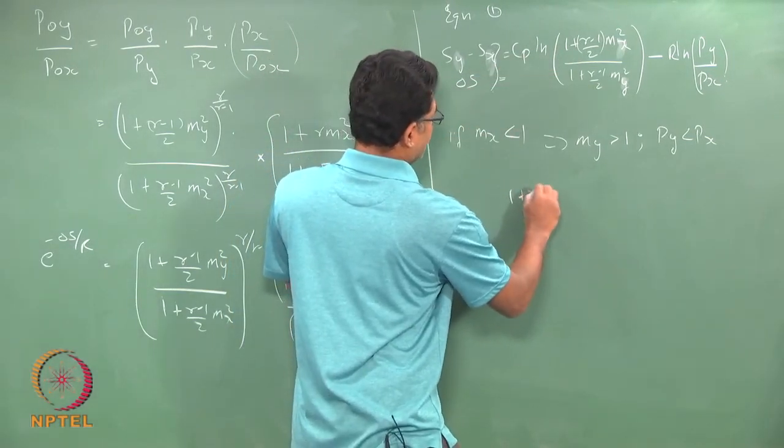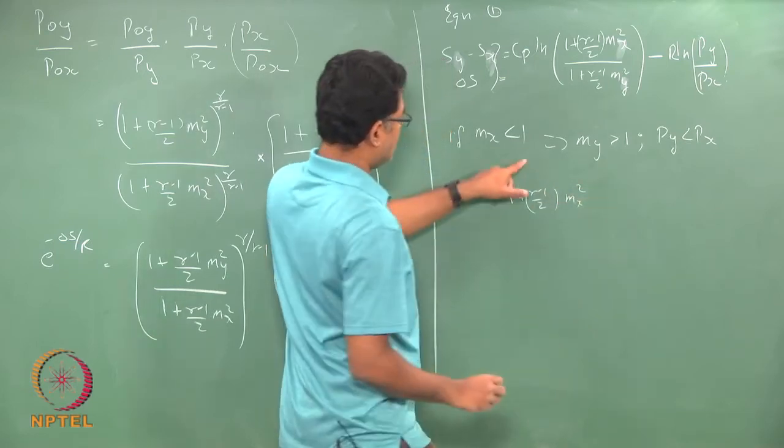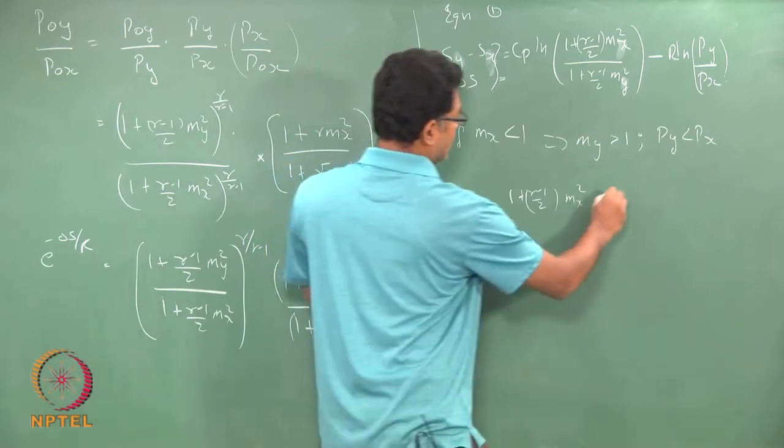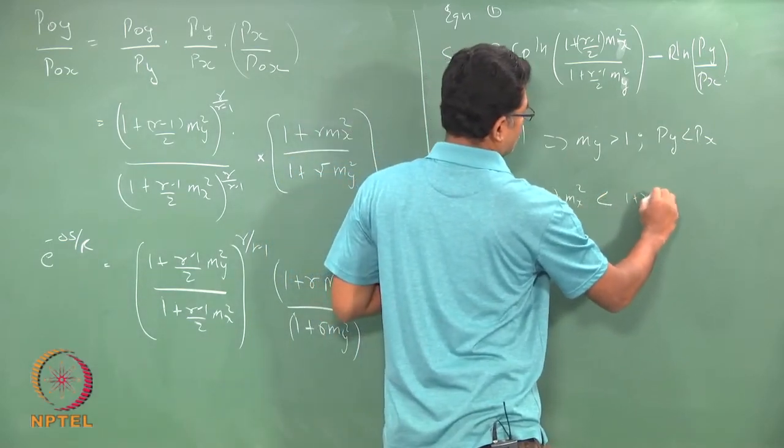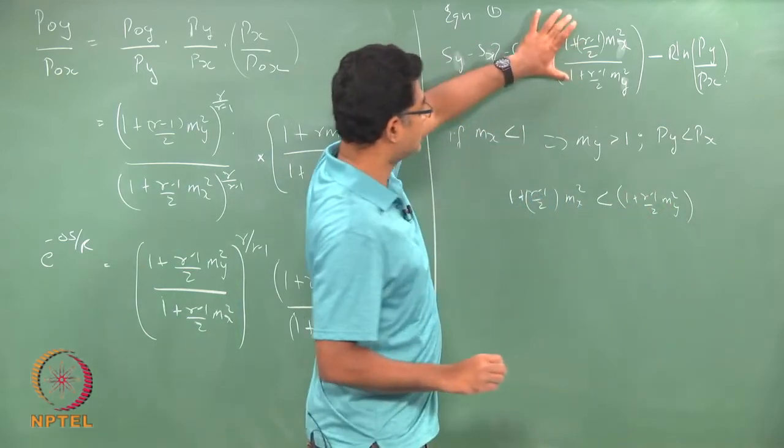So, if I evaluate this, this term is less than this term, so this ratio would be less than 1.